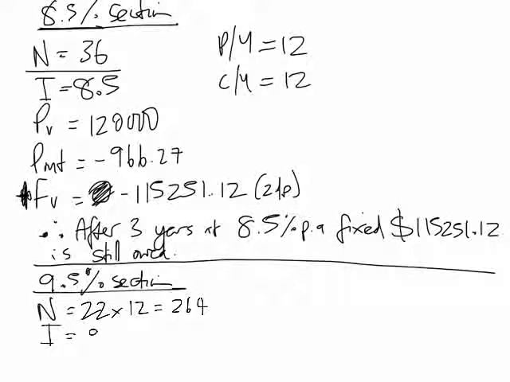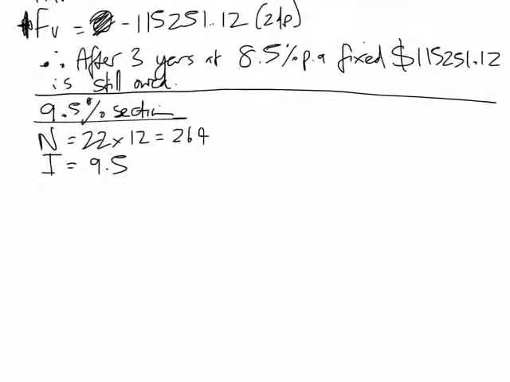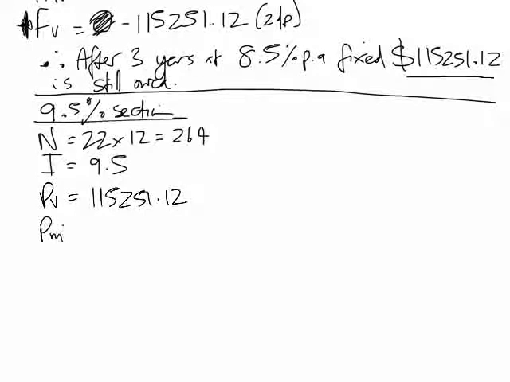The new interest rate is 9.5. We now owe $115,251.12. So PV for this remaining section of the home loan is $115,251.12. We want to know what the repayments are going to be for this remaining section of the loan. We're trying to pay off this loan at the 9.5%, so FV is going to be 0.